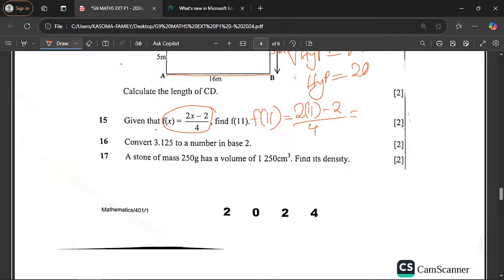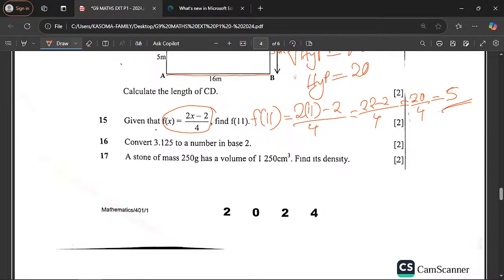I evaluate that. 2 times 11 will give me 22, minus 2 over 4. Then 22 minus 2 will give me 20 over 4. Then I divide 20 by 4, which will give me 5.